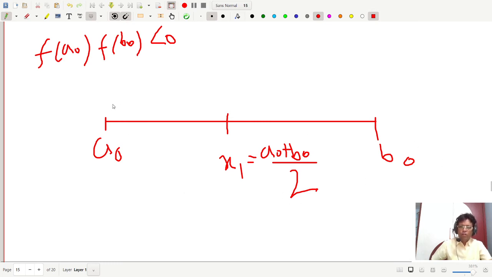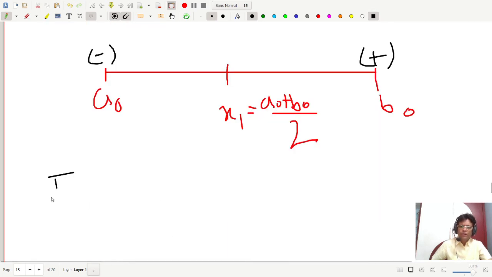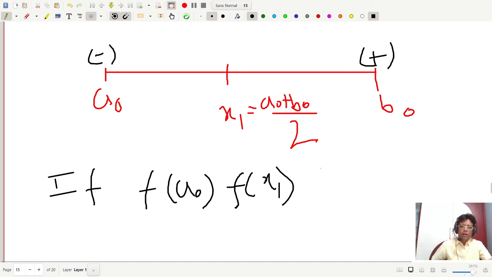Now at a0, suppose the functional value is negative, and at b0 it is positive. So there is a root between a0 and b0. And at x1, if f(a0) f(x1) is less than 0, then this interval contains the root, so that means f(x1) is positive.